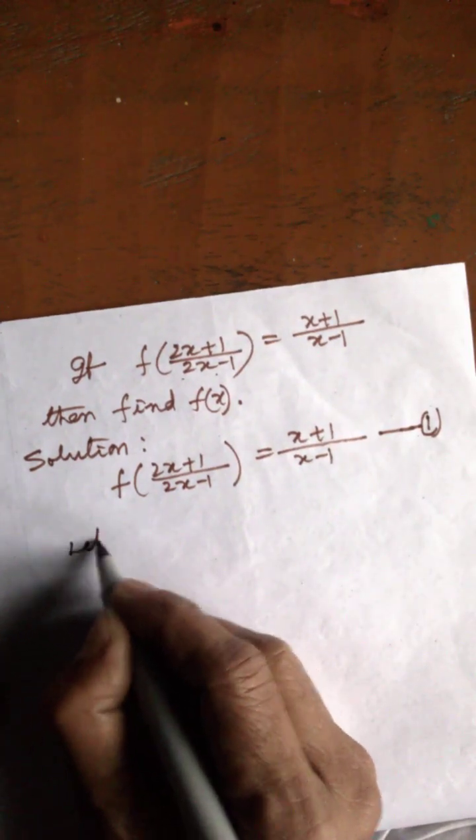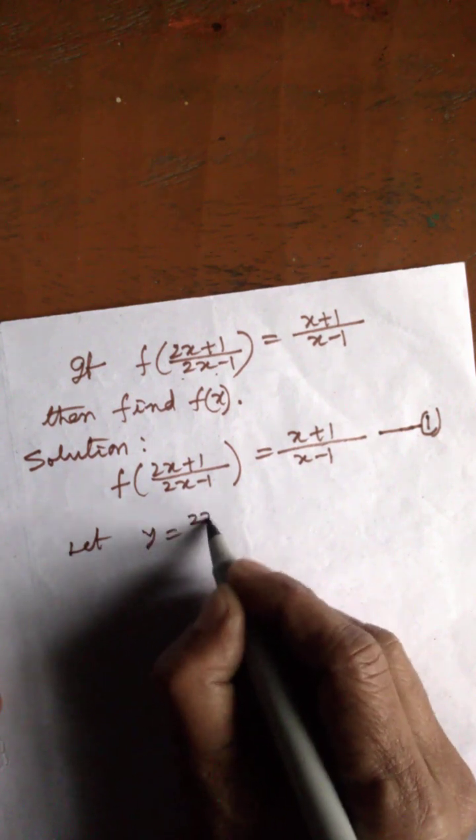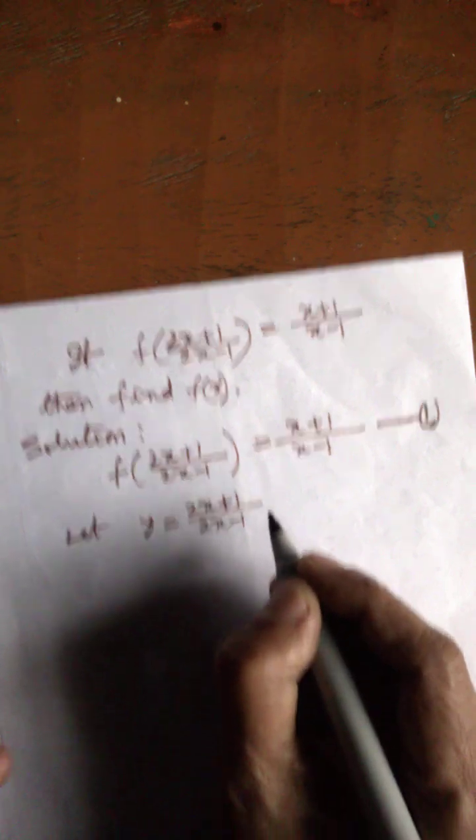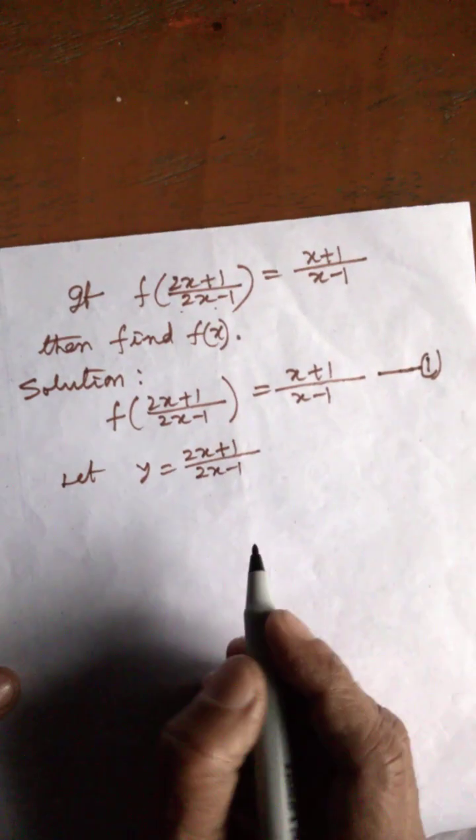First let y = (2x+1)/(2x-1). Solve it for x.